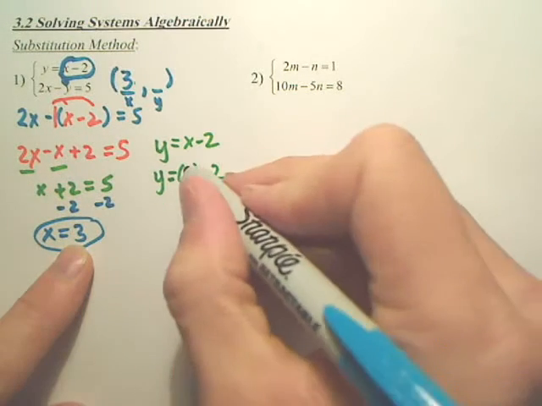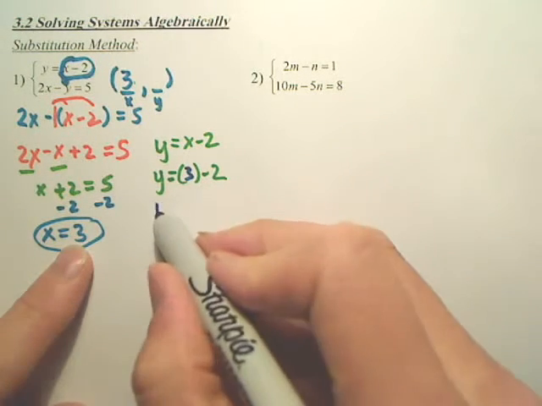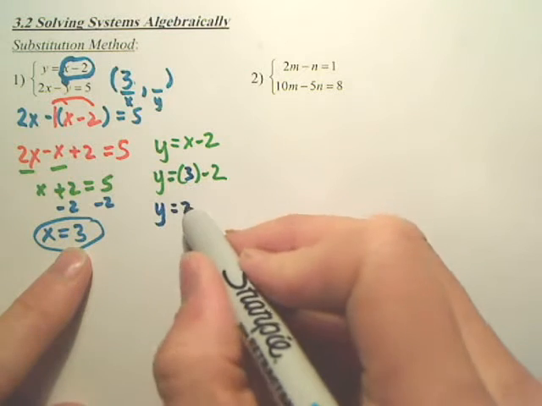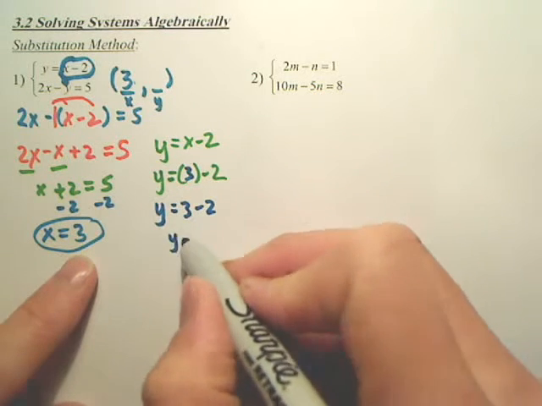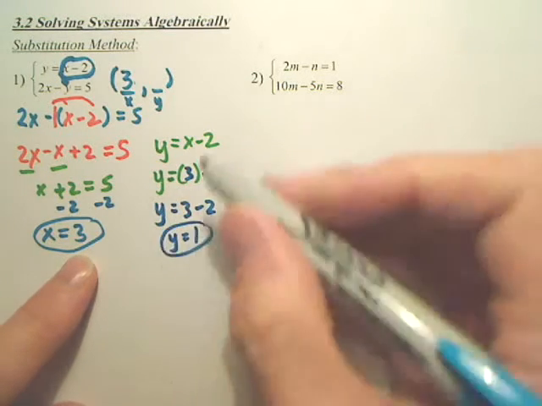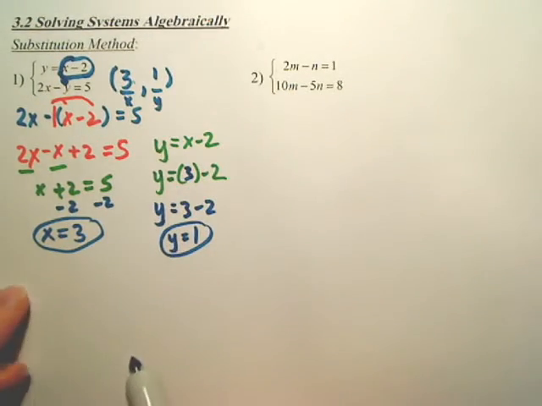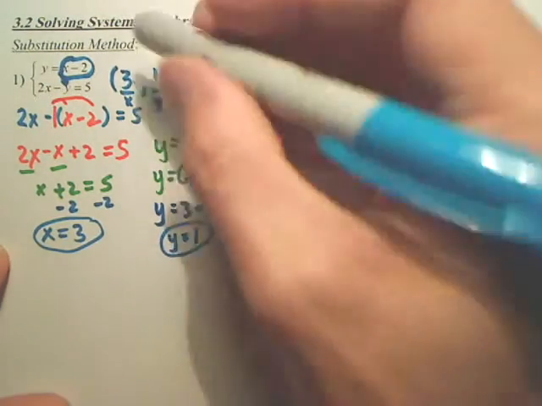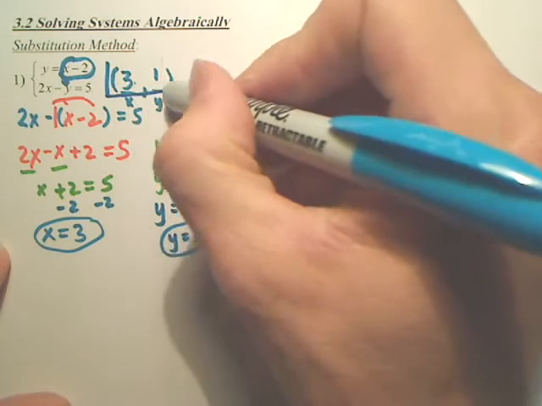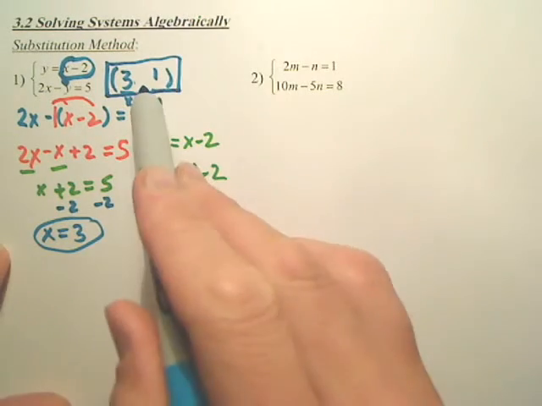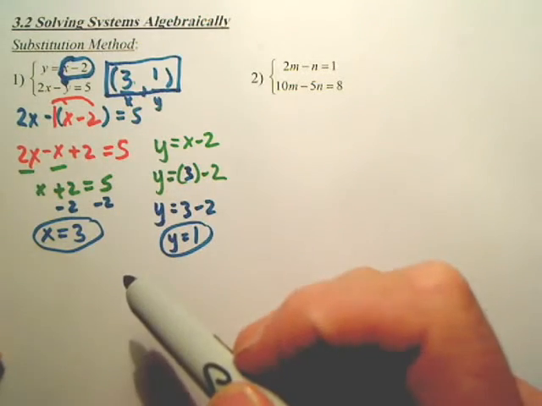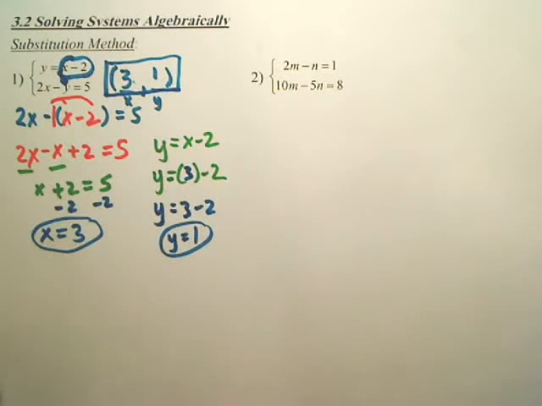X was 3. So y equals 3 minus 2. So y is 1. So what this means, 3, 1, this coordinate, 3, 1, is where these two graphs would cross. Okay.